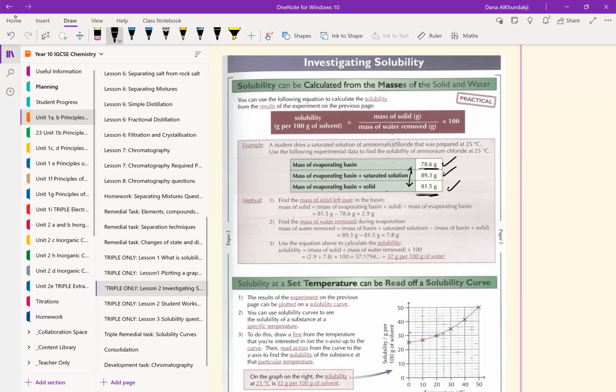So to calculate the solubility, you need to divide the mass of the solid by the mass of the water that was removed. Okay, so how much water was removed for you is over here, the one that evaporated, and then the mass you got from that.